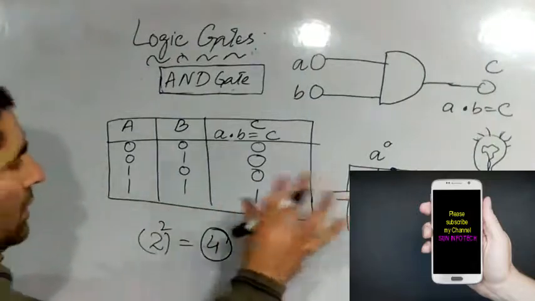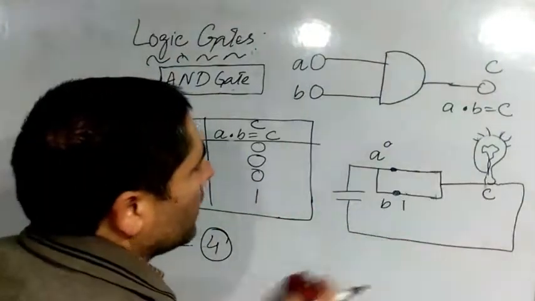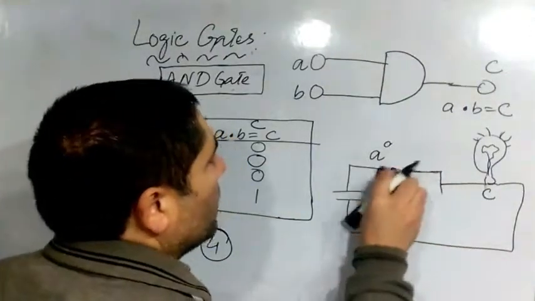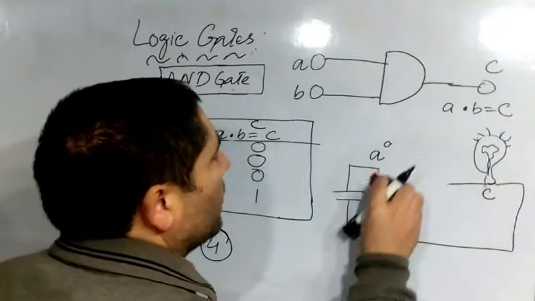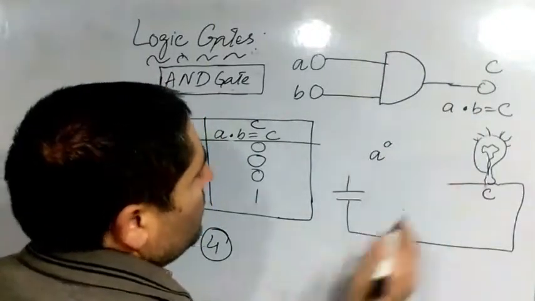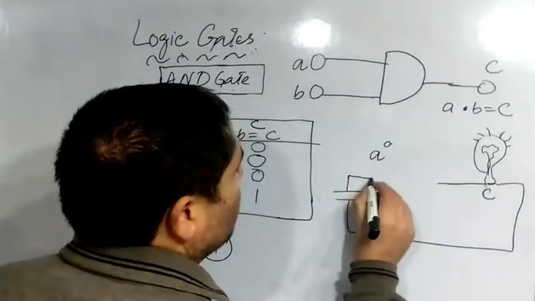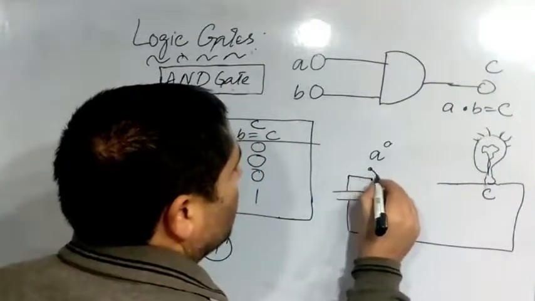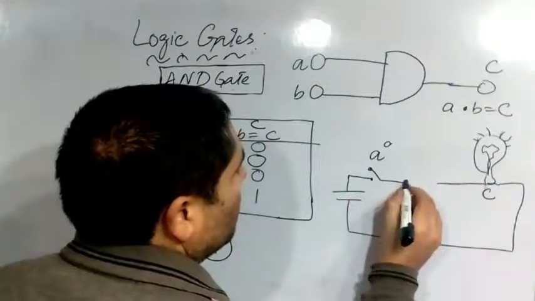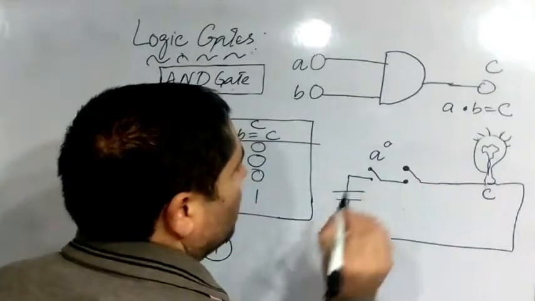So let us see this AND gate with the circuit diagram. Like this.